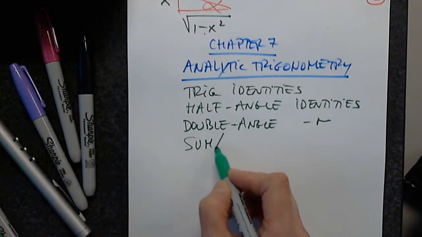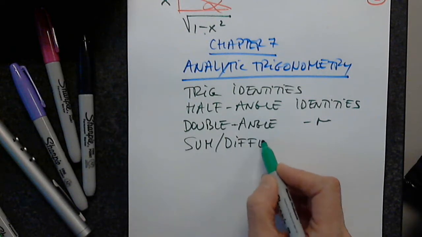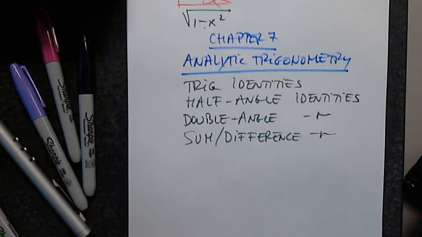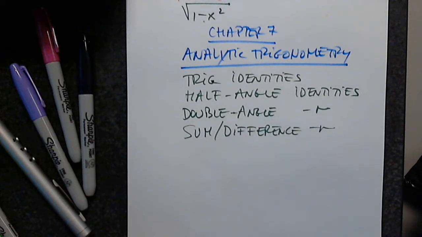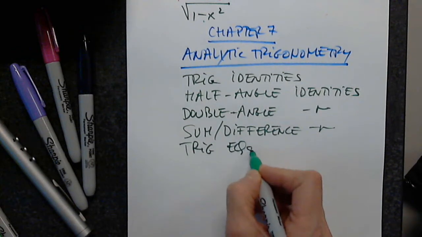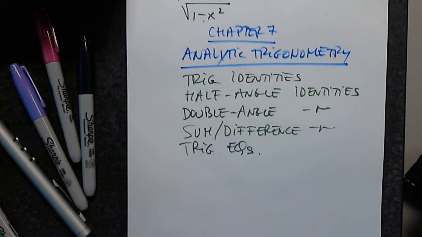Sum difference identities. Sum to product and product to sum. Those formulas will be given to you on the test, however. That's why I don't need to mention it right now. And trig equations. So these are the general topics here.